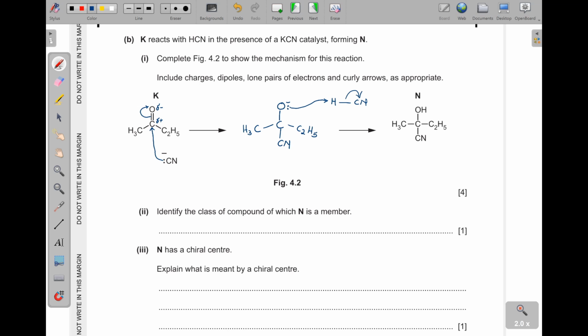It is the same thing. You can either put hydrogen ion, take away this one just like that, or you can put hydrogen cyanide like that. But if I let it be just like this, then I don't need to add on anything here.